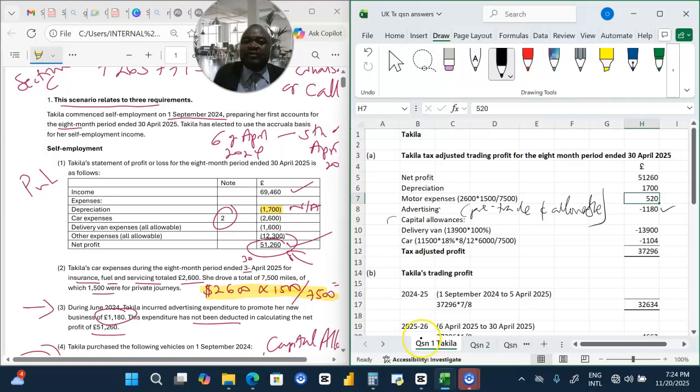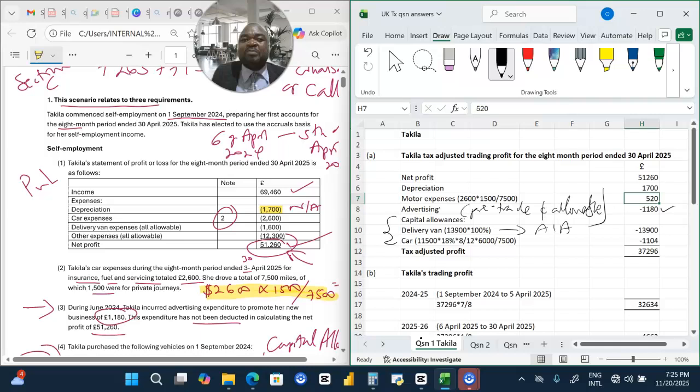Then we come to the favorite section for students. My students love capital allowances. So the computations, like I said, this one, the delivery van, the full AIA. Remember, this was 1 million. Businesses are given £1 million for the full 12 months.